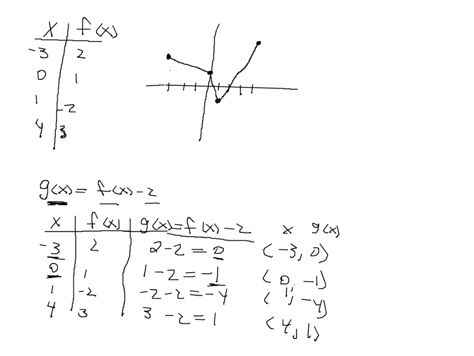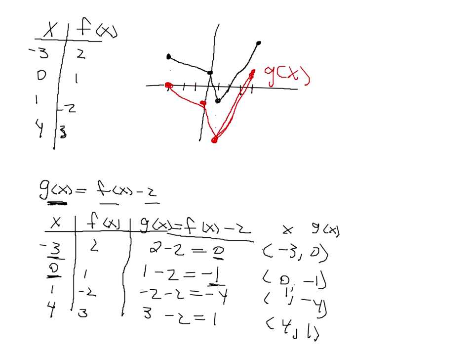So (-3, 0), (0, -1), (1, -4), so there's 2, 3, 4, and (4, 1). And so this is my graph, g of x.